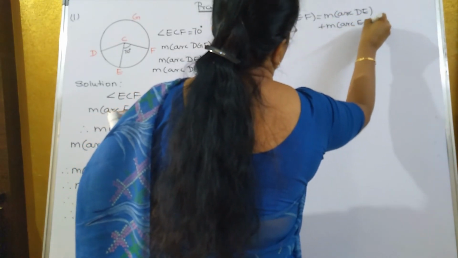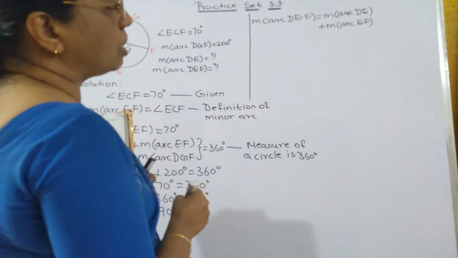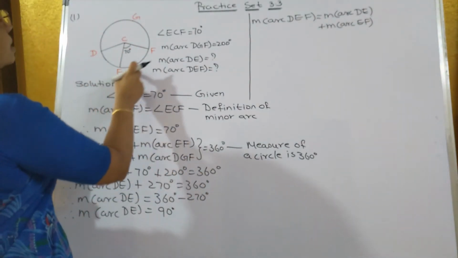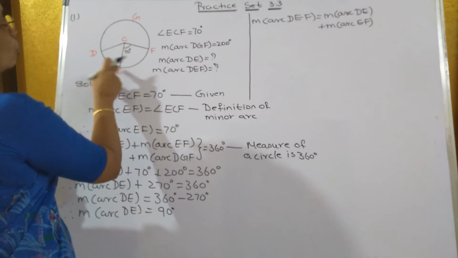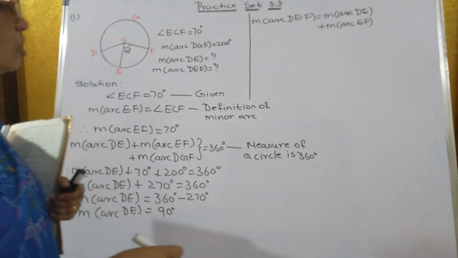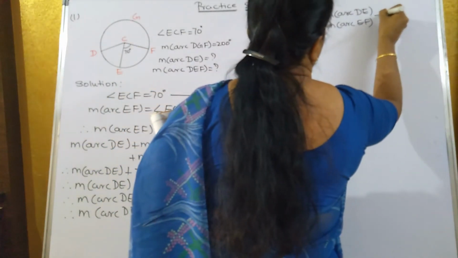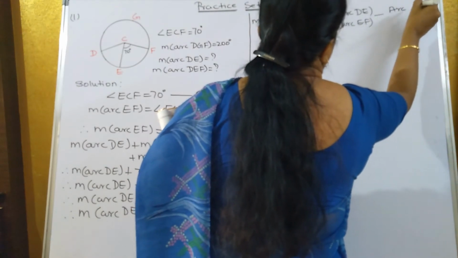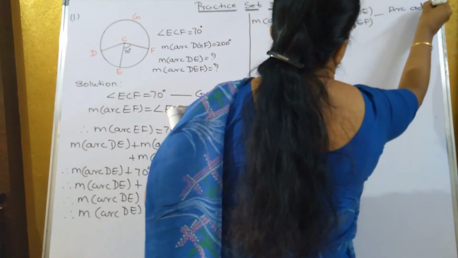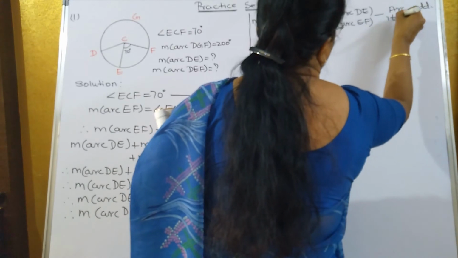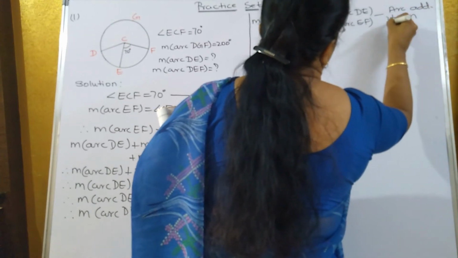So when you add both of them together you get the measure arc DEF. तो ये DEF किससे बना है? DE और EF से. तो दोनों को ऐड करेगा तो पूरा लेंथ मिलेगा. So what is the reason? Arc addition property.